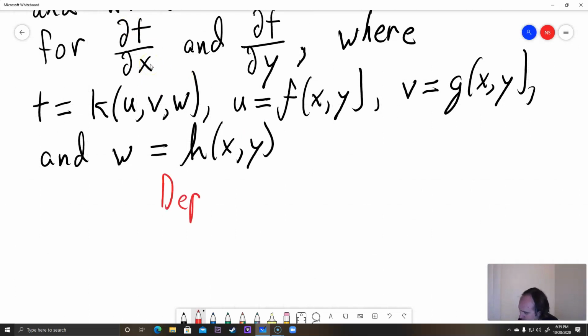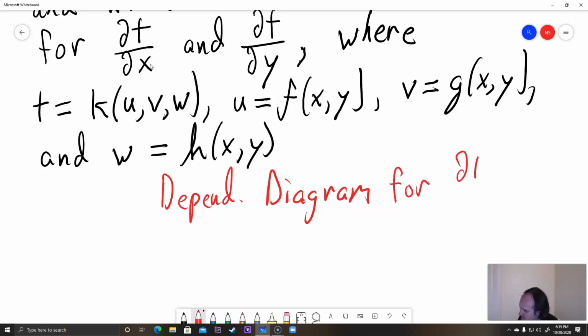Okay, so dependency diagram for partial t partial x. So you always want to start at your first variable they give you. So here we're starting with t.